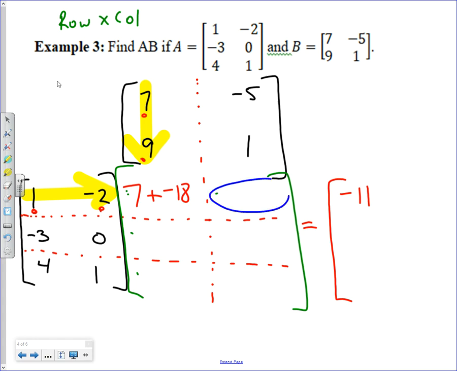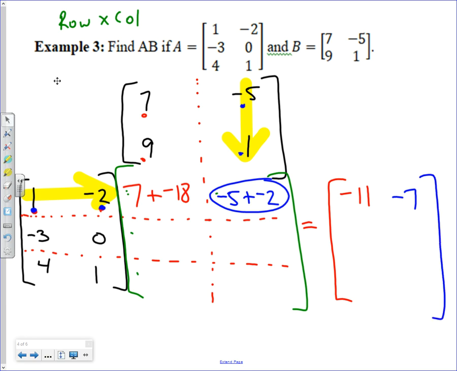Okay, let's find this one out. So I need to use this row, and I need to slide this over. 1 times negative 5 is negative 5. Negative 2 times 1, negative 2. Negative 5 plus negative 2, negative 7.